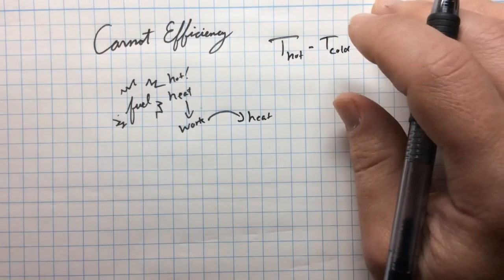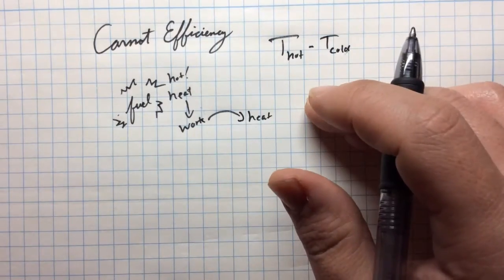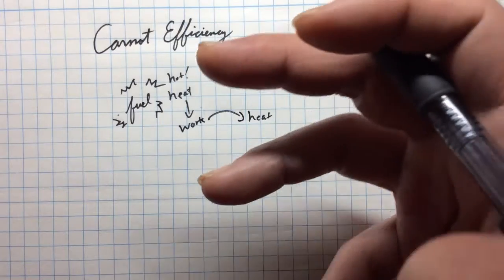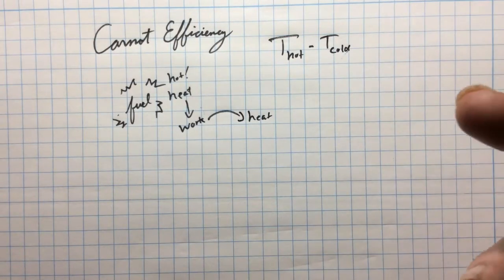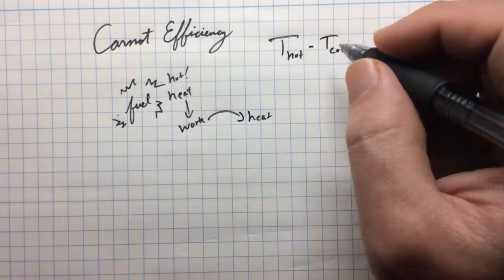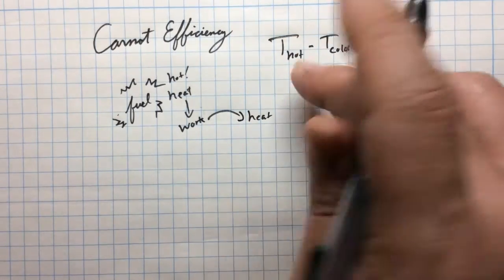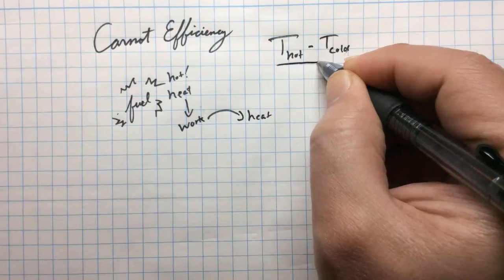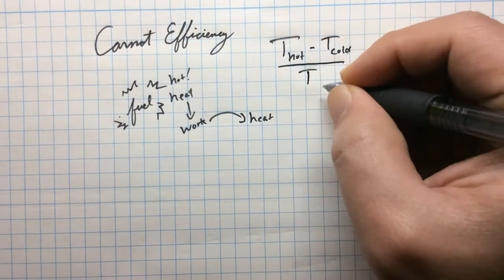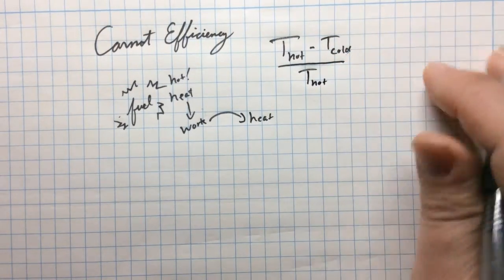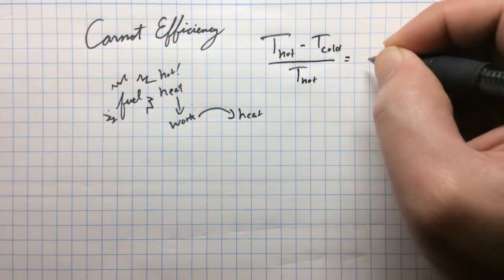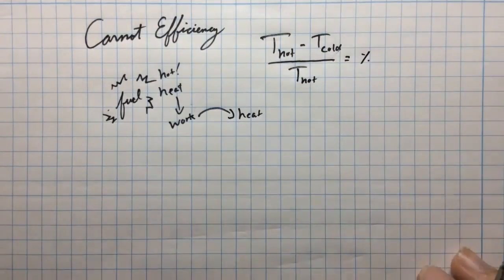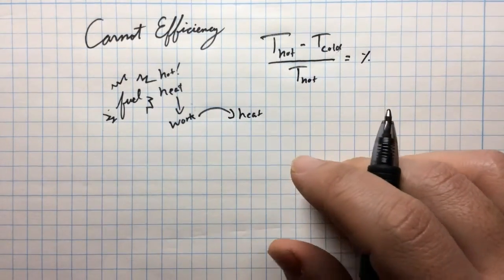You have to have a cold place, because if your car didn't have an exhaust, it would go one or two times, and that's it. All the hot gas would just be stuck in there, and the cycle couldn't repeat. So the difference in temperature of the hot place and cold place divided by the temperature of that hot place. All right, so this should give you some amount of efficiency value. You might have to multiply it by 100, but it'll give you an efficiency value.